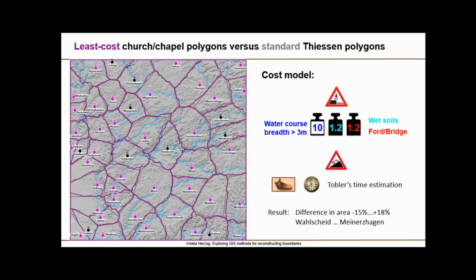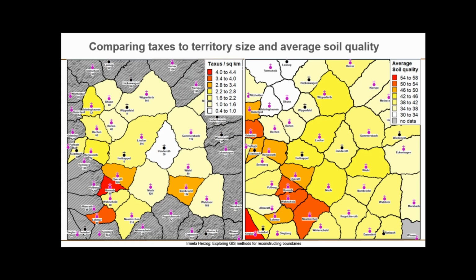So then I tweaked it a little bit more and said, this is a text list I have, of the churches, and so I can compare the territories computed by Thiessen polygons to the taxes per square kilometer.